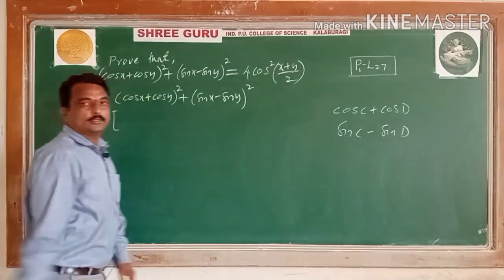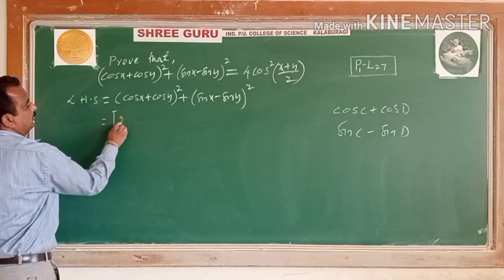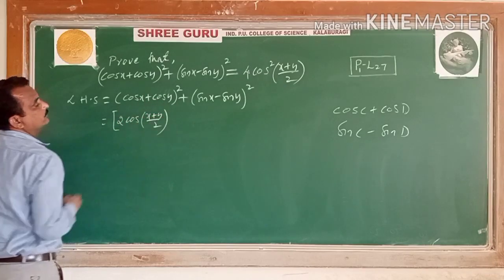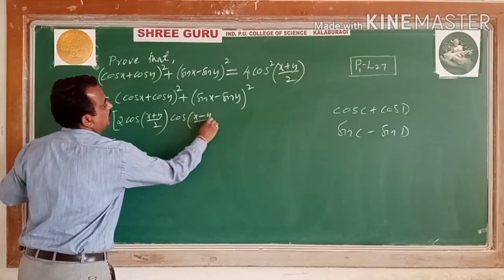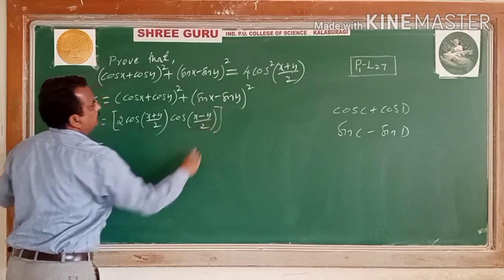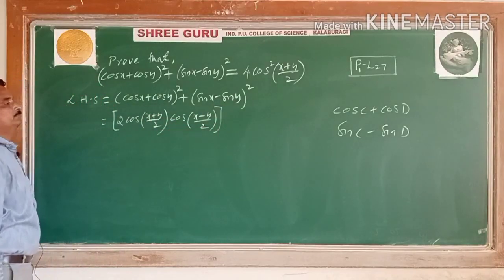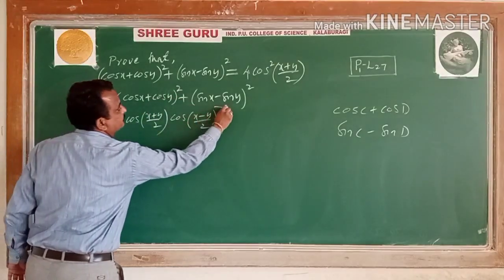Then you take the squares separately. So cos c plus cos d is both cos, cos of (c plus d) by 2 into cos of (c minus d) by 2. This square as it is.